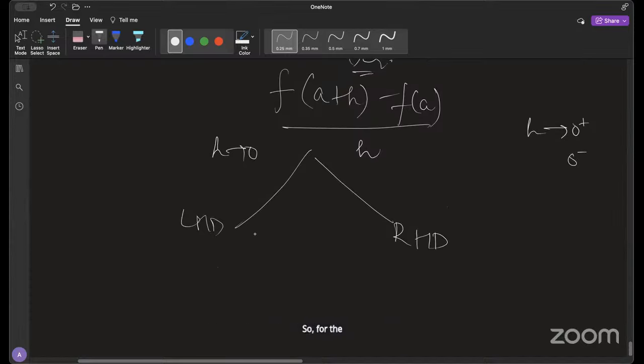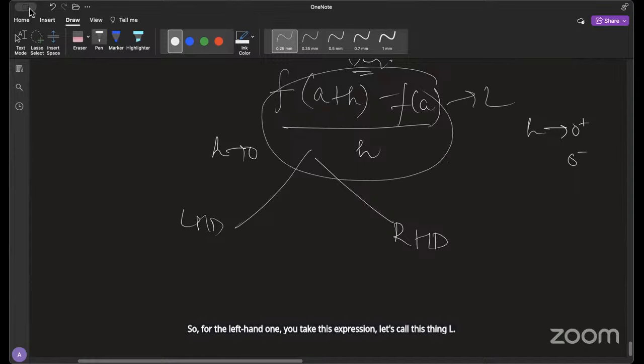So for the left-hand one, you take this expression. Let's call this thing n.